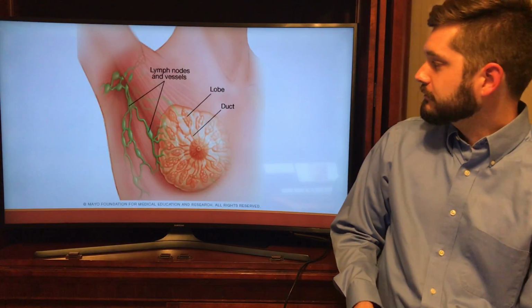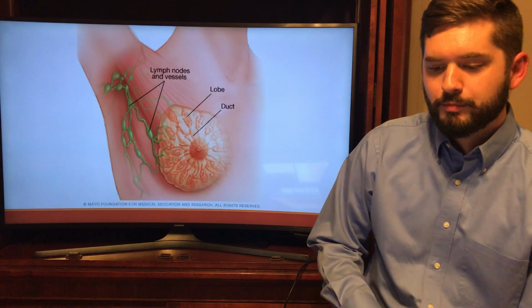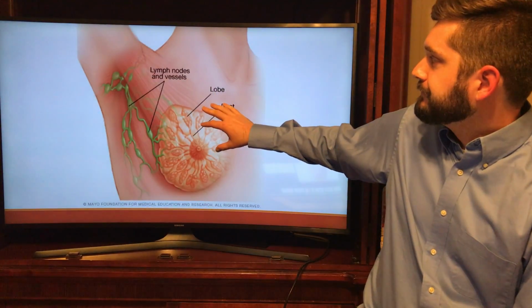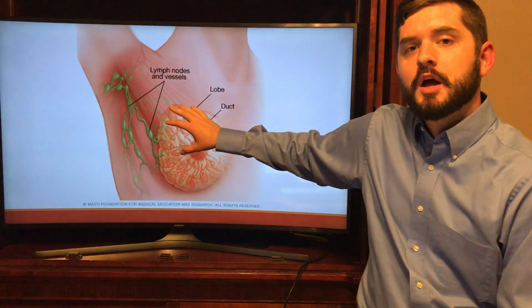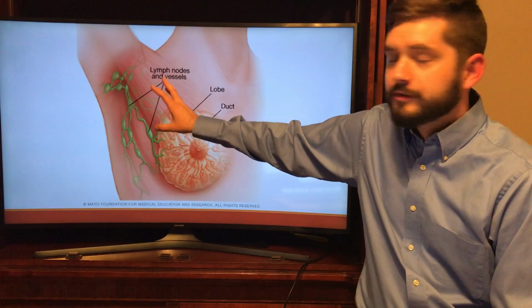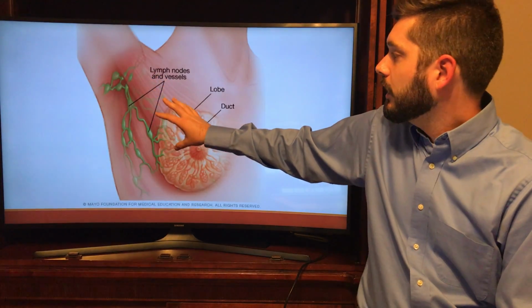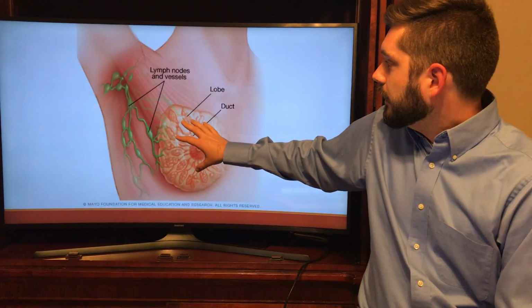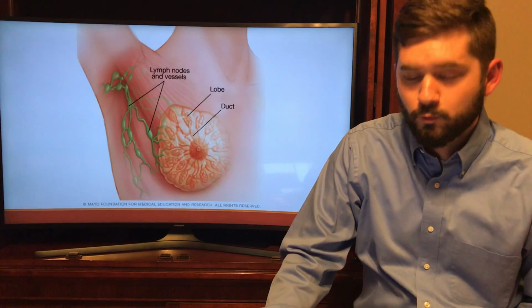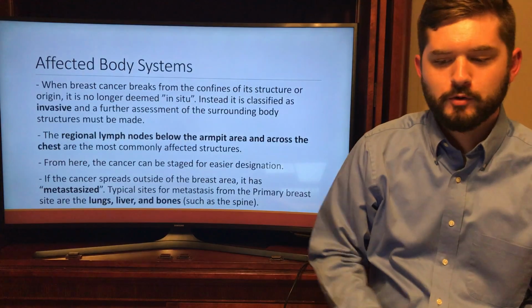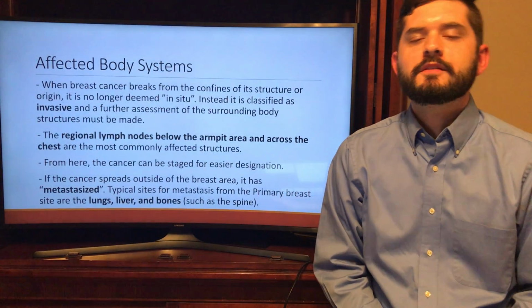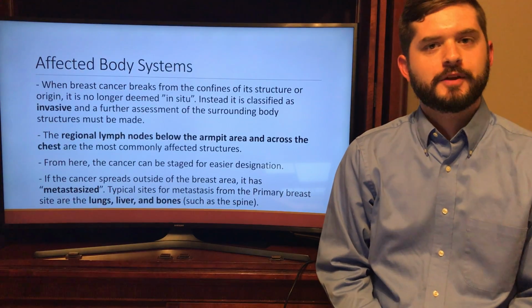Again, here's the diagram, and when breast cancer spreads outside of these structures, it typically will come into a point that's close to them, such as the lymph nodes. And it can also start in the lymph nodes sometimes. We'll get to that. But as we go over to the lymph nodes, we're no longer in situ anymore, and we're looking at invasive breast cancer.